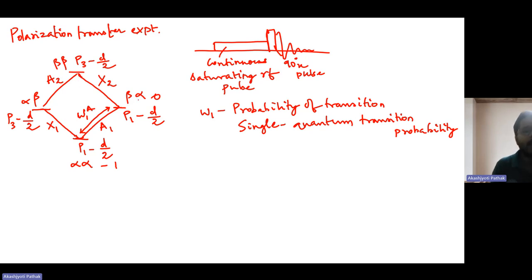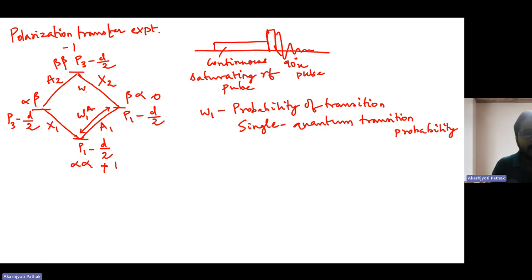Beta alpha is 0 and beta beta is minus half, so that is -1, and the net magnetic moment change is by 1.